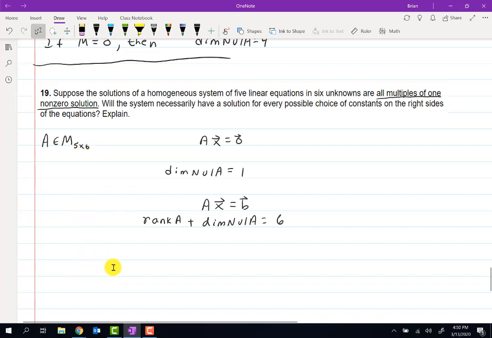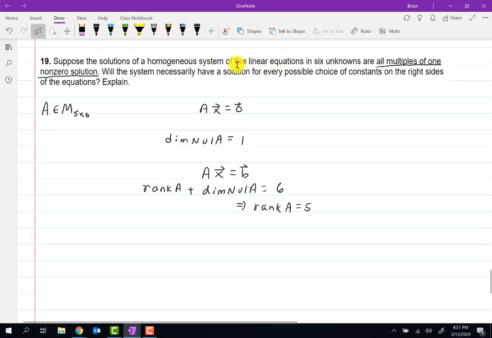Now I've just been told dim null A is equal to 1, so I know that the rank of A equals 5. Now think about this. We have 5 equations.